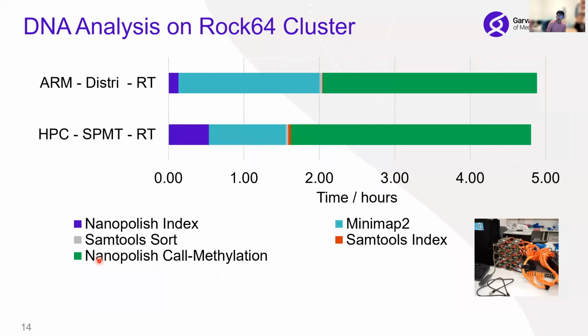So after all these optimizations, it was possible to achieve processing a data set on this distributed cluster within 5 hours. Whereas with the original software, not the optimized one, if you run on a high performance computer like the Icon, it also took a similar time.